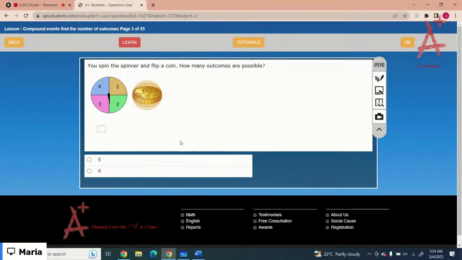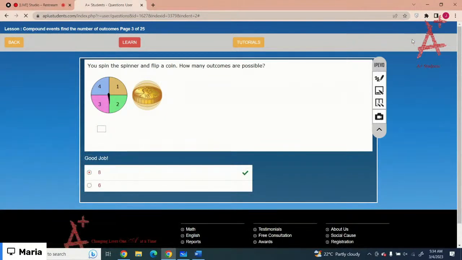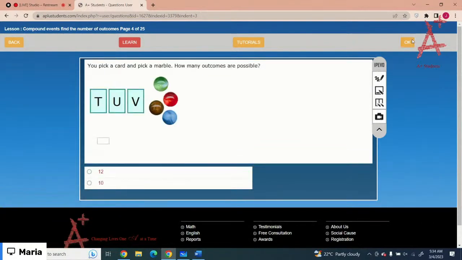Okay, the next one is, you pick a card and pick a marble. How many outcomes are possible? So how many outcomes for the cards? For the cards, you have three outcomes, and for the marble, you have four outcomes.